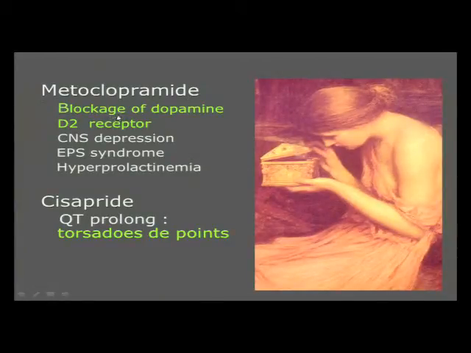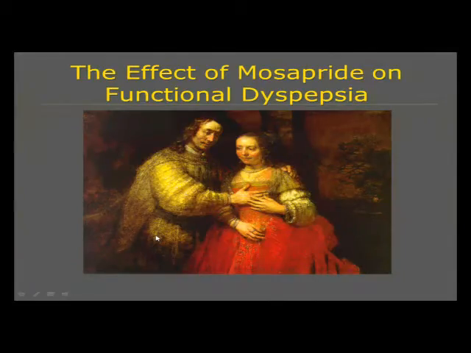Metoclopramide, as a blocker of the dopamine D2 receptor, has effects such as CNS depression, extrapyramidal syndrome, or hyperprolactinemia. Also, cisapride can cause QT prolongation, resulting in torsades de pointes. So I'd like to focus more on the prokinetics, such as 5-HT4 receptor agonists and mosapride, in functional dyspepsia.